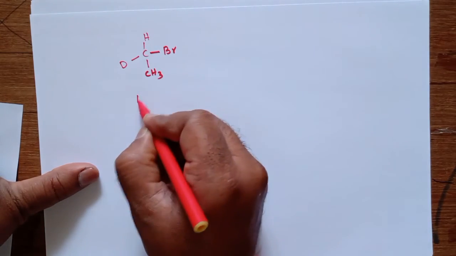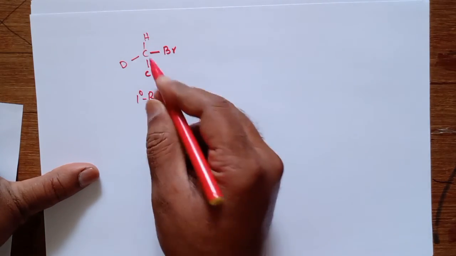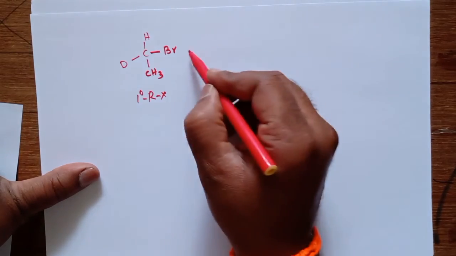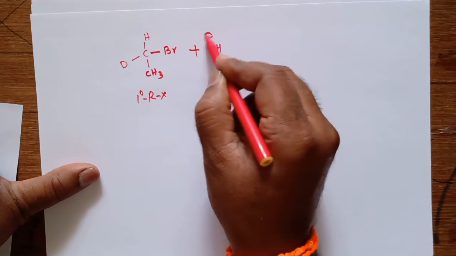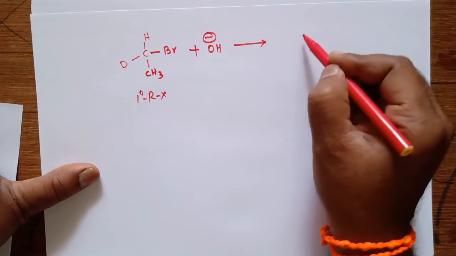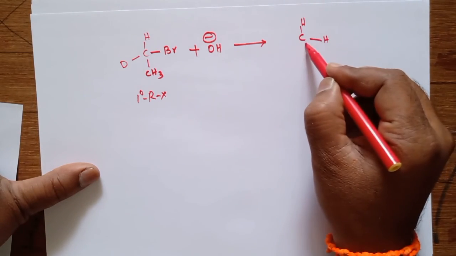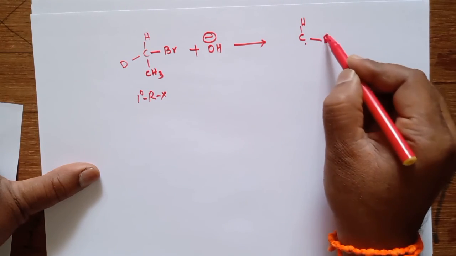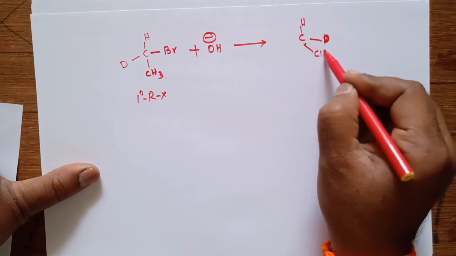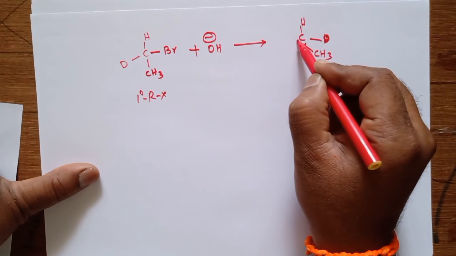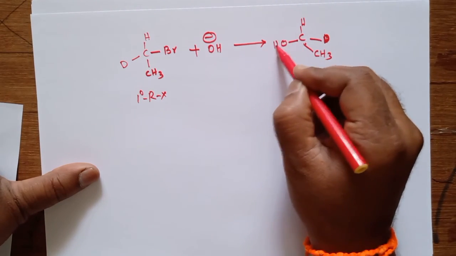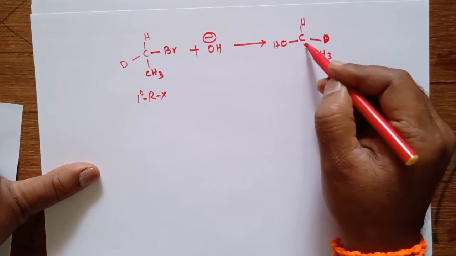If the primary alkyl halide is optically active, with four different groups, the formed product is the inverted product. So it is attacking from the backside.